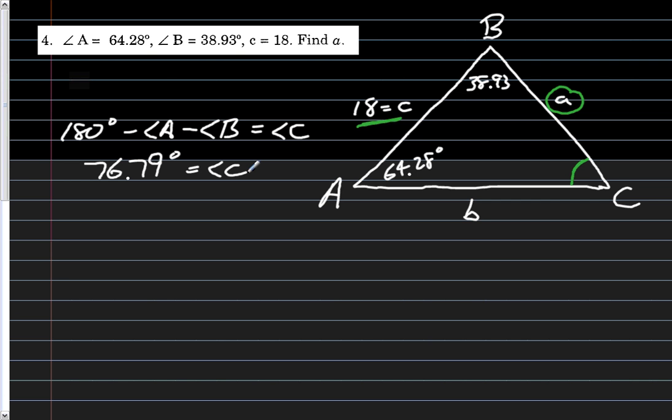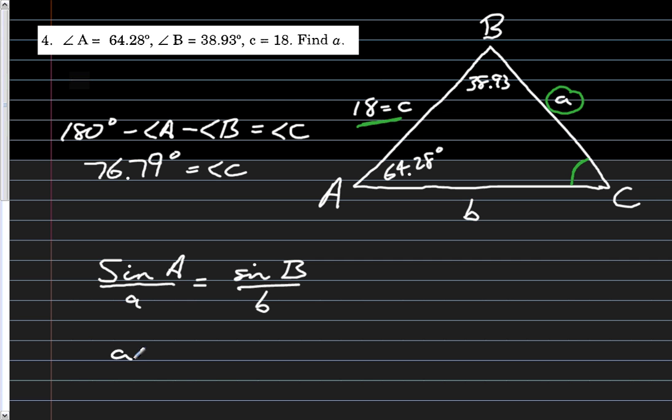Now, I'm also going to demonstrate a small shortcut for you before we go any further. In the video previous to this one, I said that the sine of angle A over side A would equal the sine of angle B over side B. Well, what's interesting is we can flip the ratio if we need to.